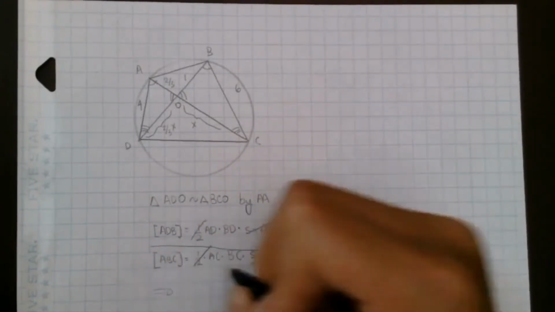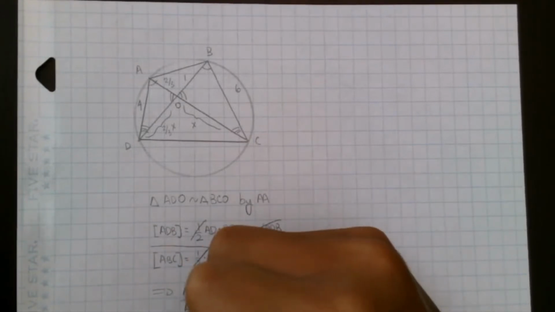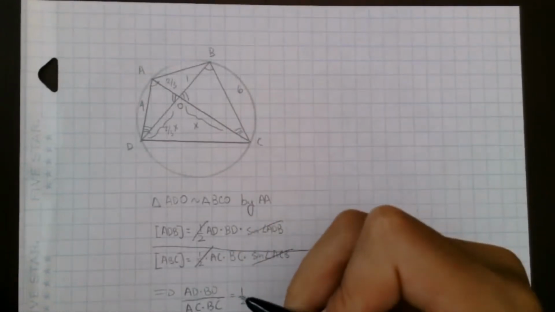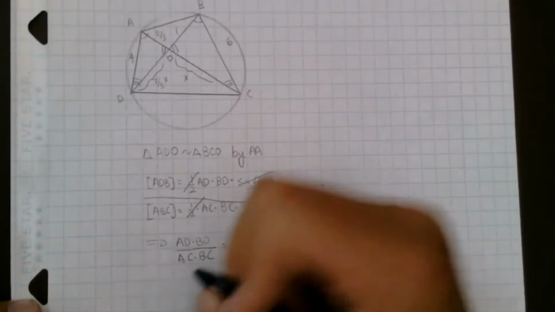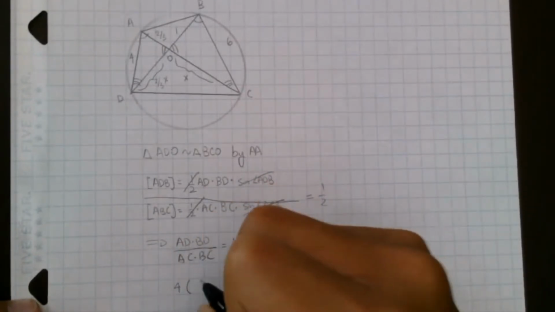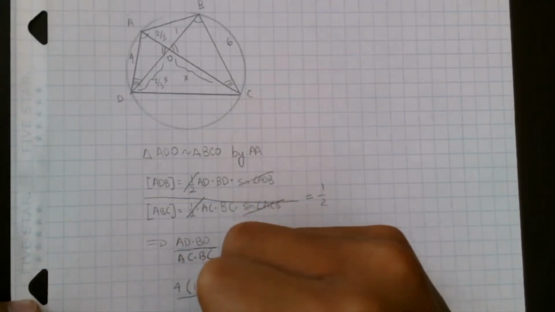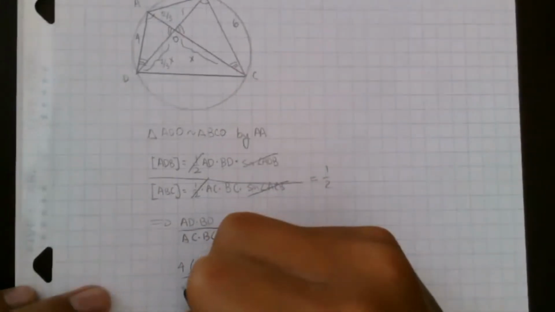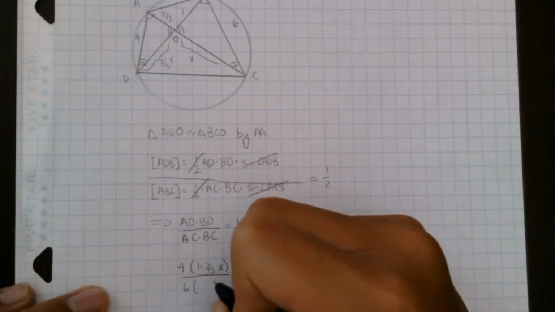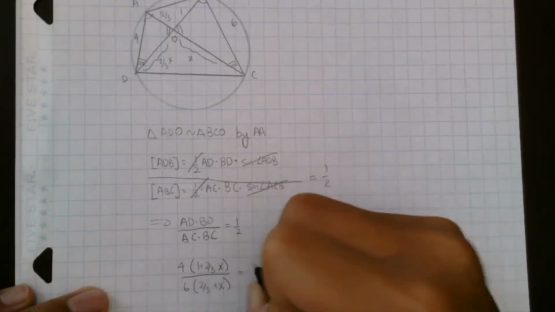So then this yields that AD times BD over AC times BC equals 1/2. And then from this, we plug in values and get that 4 times BD, which is 1 plus 2/3 X, over 6 times AC, which is equal to 2/3 plus X, is equal to 1/2.